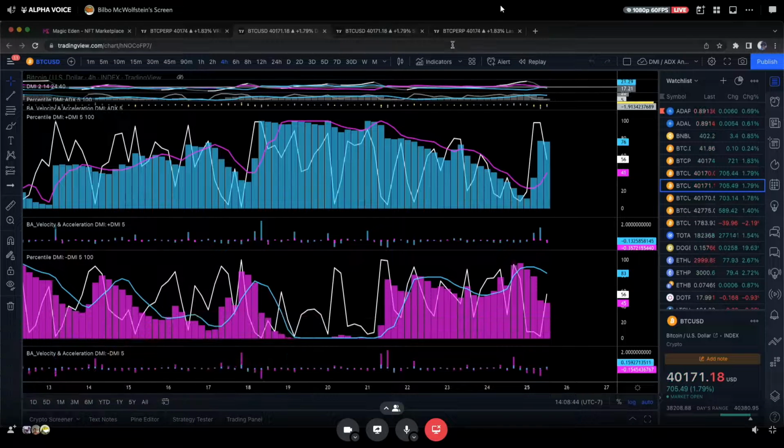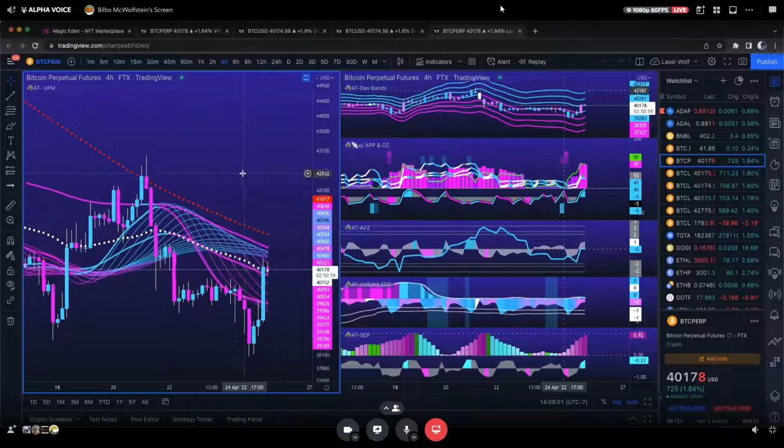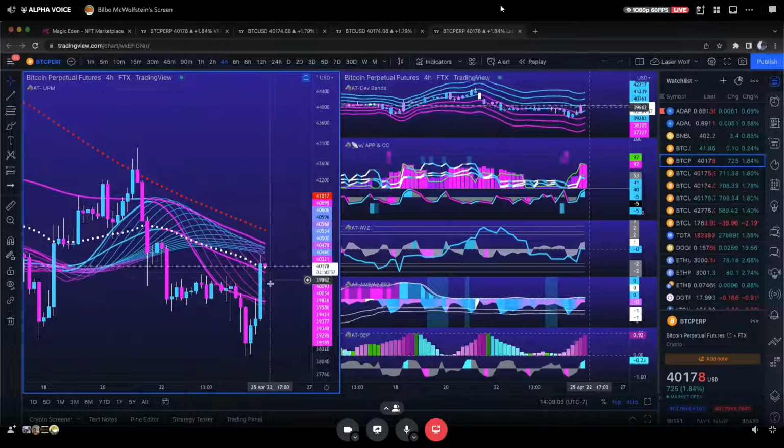Check something else out here. I'm on the 4-hour, and there is no bear div, no hidden bear div. Looking good. Still having an outlier on the 4-hour. Probably be good today to close definitely above the reverse wave trend here on the 4-hour. Get this thing back up to the top side.